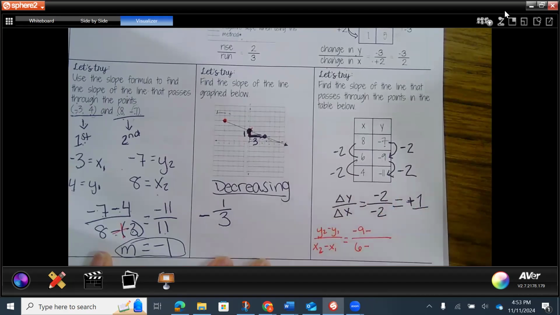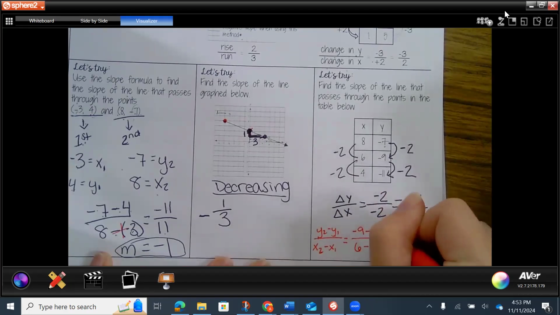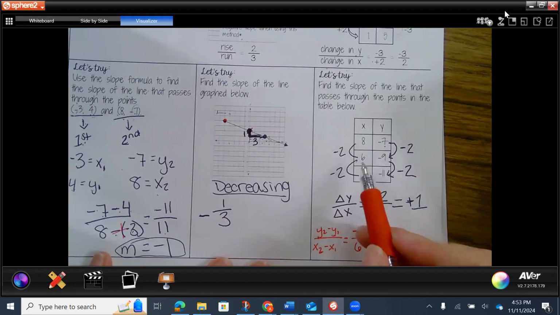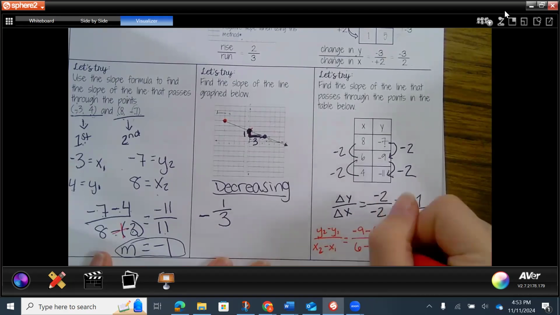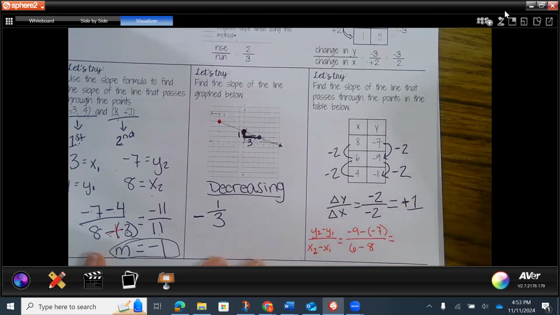I'm subtracting both of those. My y1, the y value for my first point, is -7. And then minus my x1, my x value for my first point, is 8. -9 minus -7, that's the same as +7.